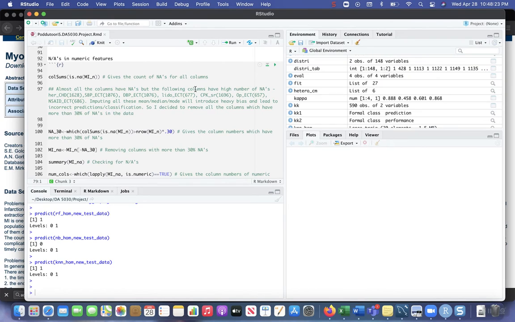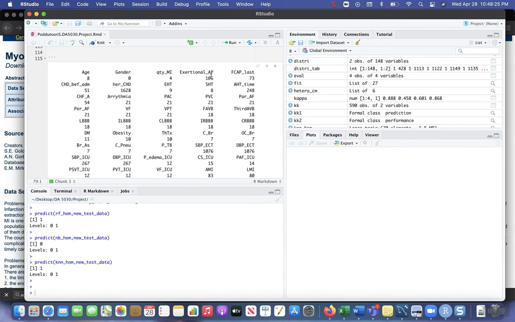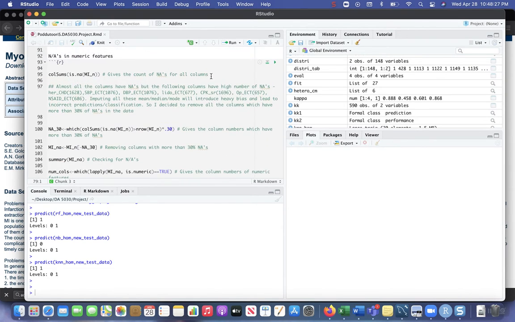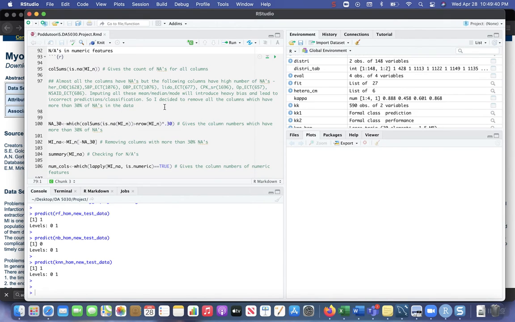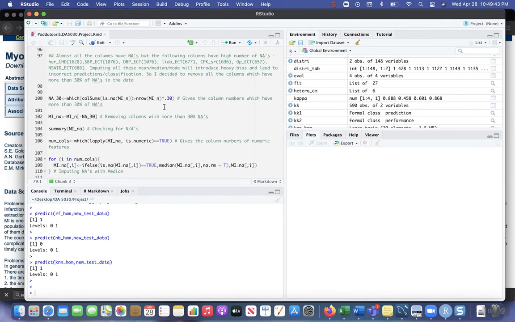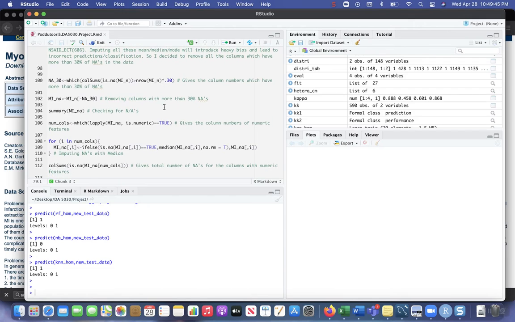Coming to the NAs, there are a lot of NAs. There are NAs in almost all the columns of the data. Due to the class imbalance, I have removed any columns which have more than 30% of NAs.